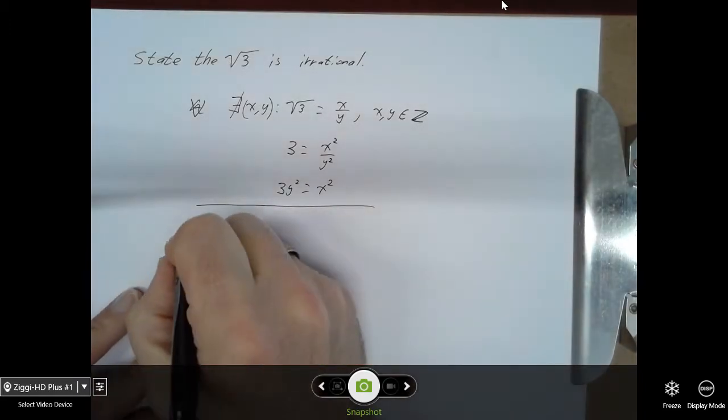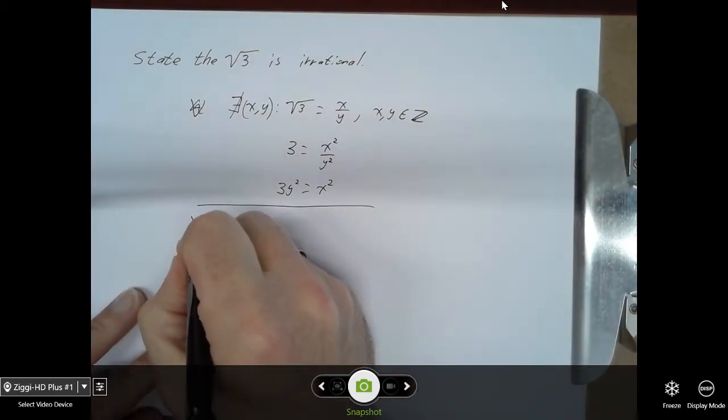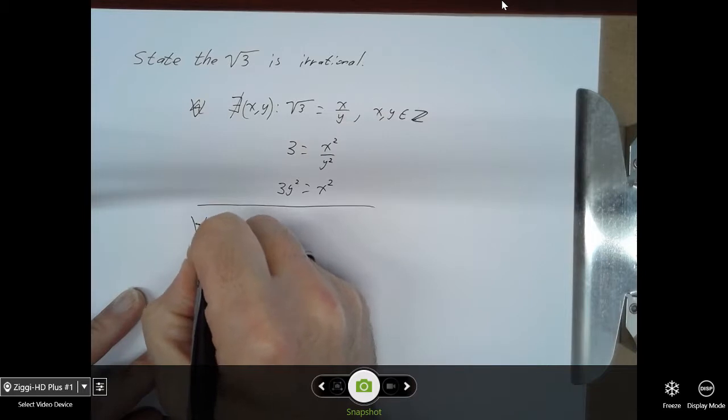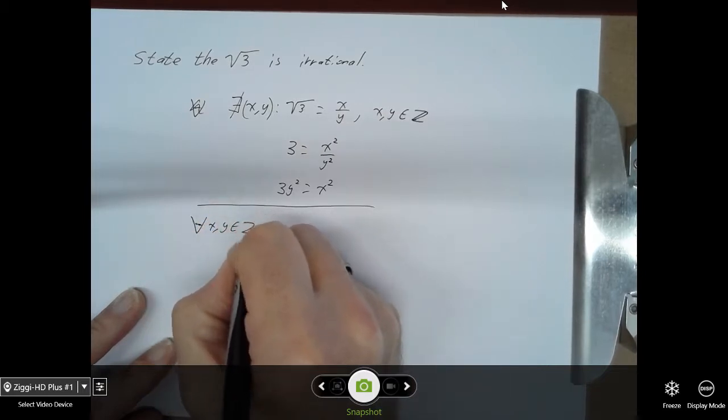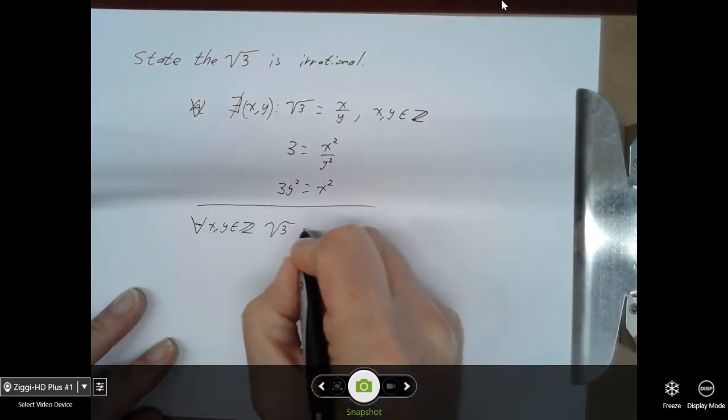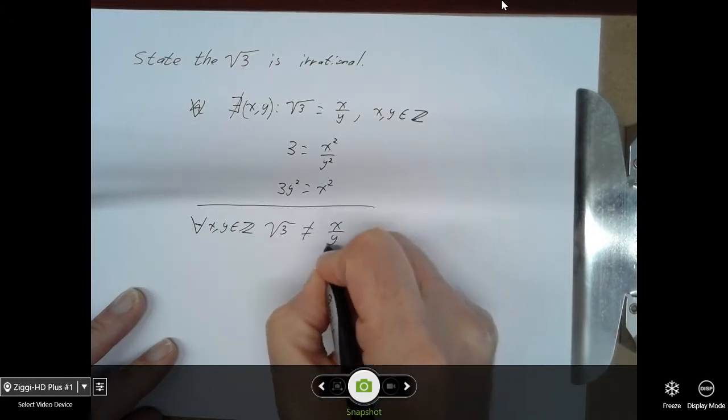So we could also say something like, for all x and y contained in Z, square root of 3 is not equal to x over y.